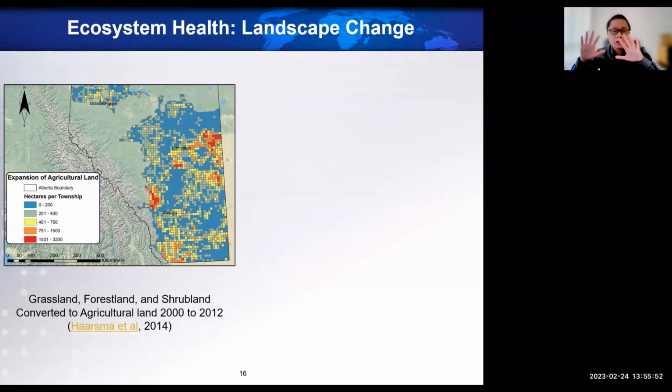Then they compared the two land cover maps to understand the expansion of agricultural land, basically how much grassland, forest land, and shrubland converted to agricultural land in these 12 years. This is also an interesting map. We can see lots of changes northeast of Edmonton and also northwest of Calgary. This information could be useful for the government for management purposes.